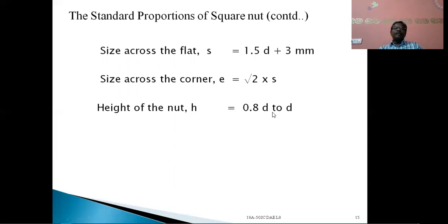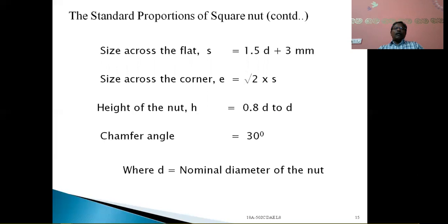And the height of the nut is equal to 0.8D to D, and the chamfer angle will be always 30 degrees. And these proportions you must remember for the design. So all these come under standard proportions. And why these standard proportions are used: there should be some interchangeability, because these are standard components and more frequently they may fail.